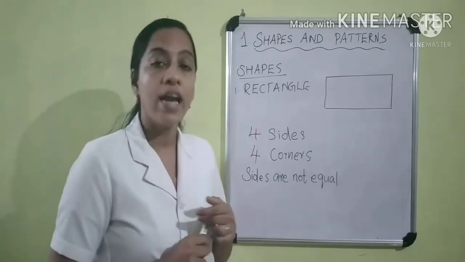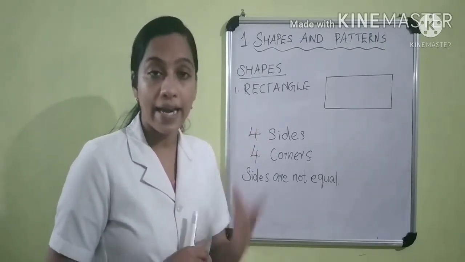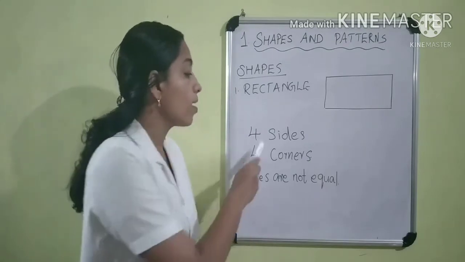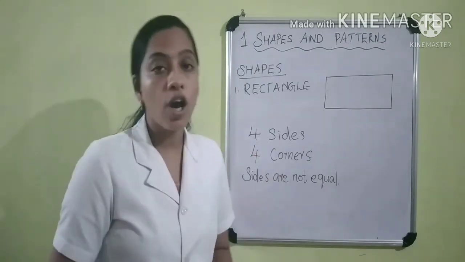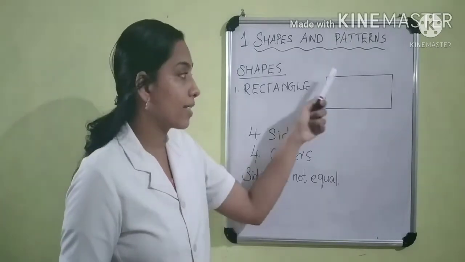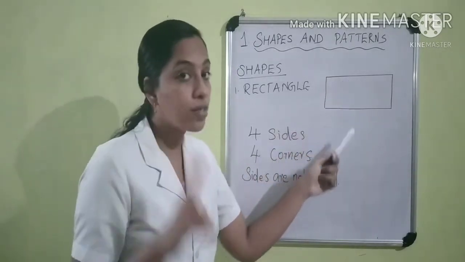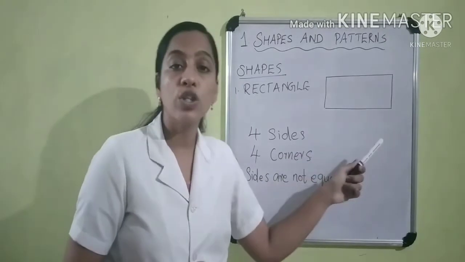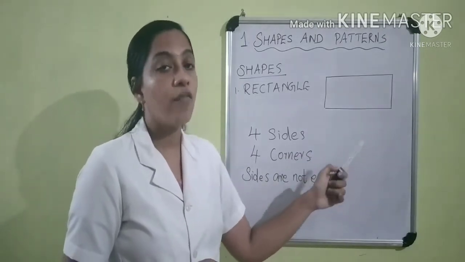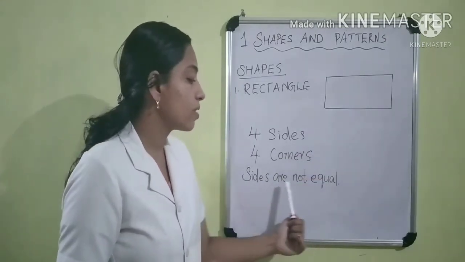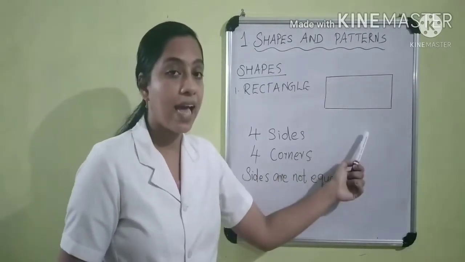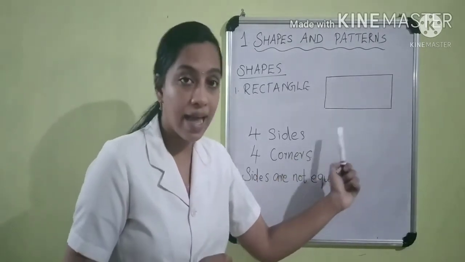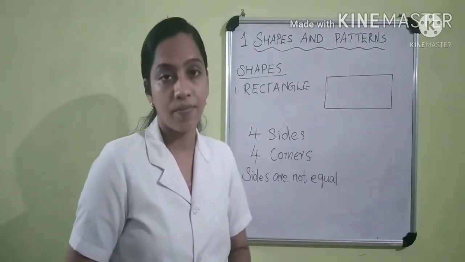The first one, rectangle. We know a rectangle has 4 sides and it has 4 corners, and we learned a rectangle has 2 long sides and 2 short sides. So we can say that the sides are not equal because a rectangle has 2 long sides and 2 short sides.